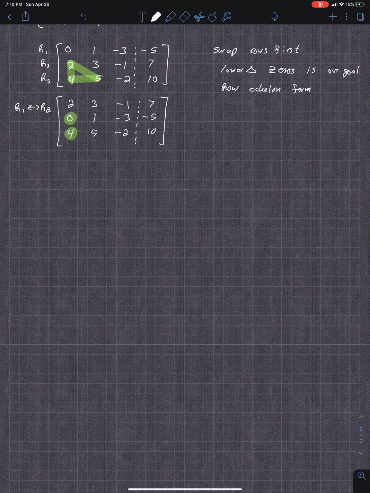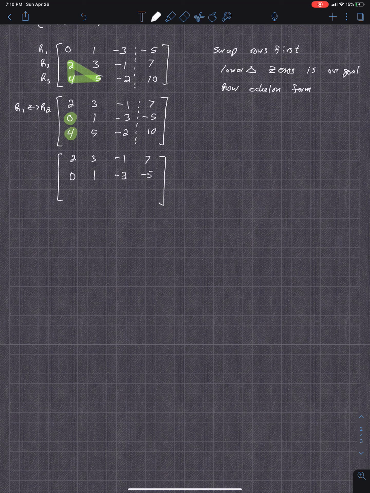So now let's look at these rows, and so recopy row 1, that's not going to change right now. Put in your bracket, so it's 2, 3, negative 1, 7, 0, 1, negative 3, negative 5, like that.